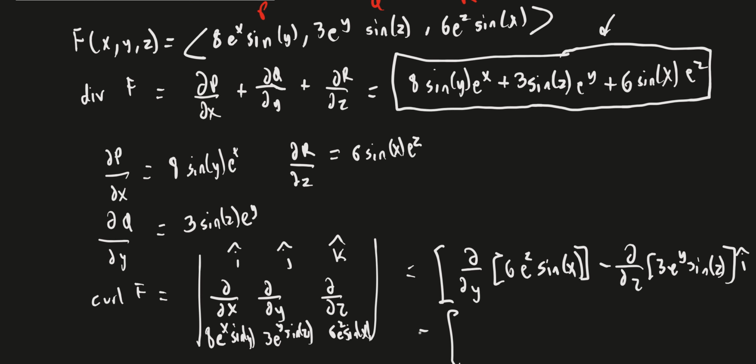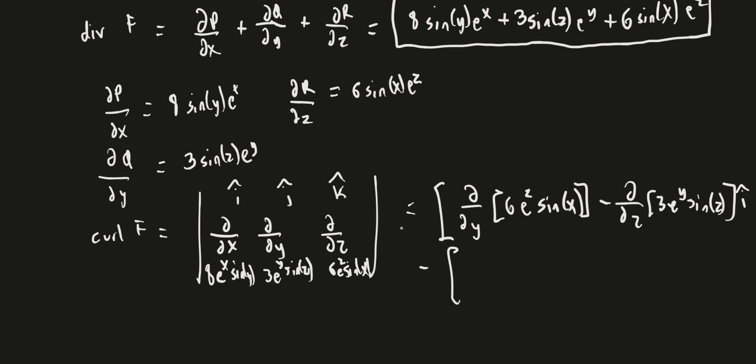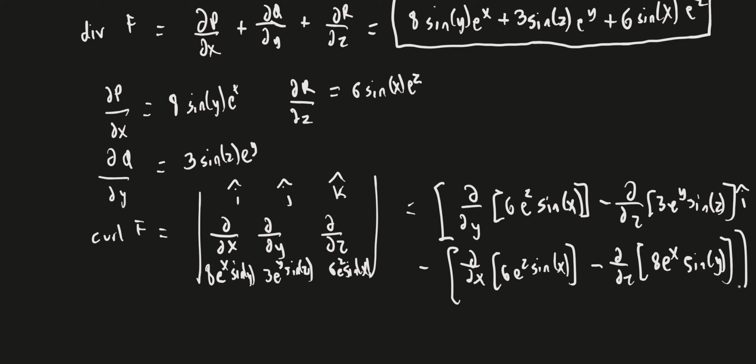Like for example, adding a plus here, etc. So you get that, and then partial x, 6 e to the z sin x minus partial z 8 e to the x sin y plus, I keep forgetting the j's, don't I?